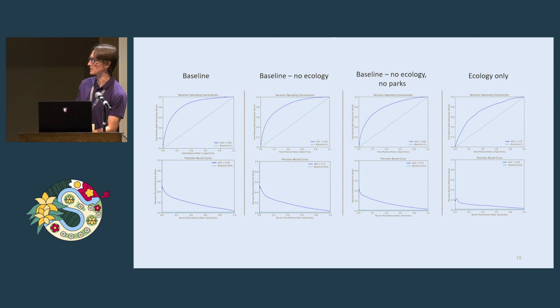The ROC curve is the one that can be compared most easily to the other Maxent studies, and the no skill of a 0.5 area under the curve value is the dashed line. So compared to other Maxent studies, these values are decent. The one for the ecology only model, 0.73, that's not a good value. Anything under 0.75 is generally considered to not be great.